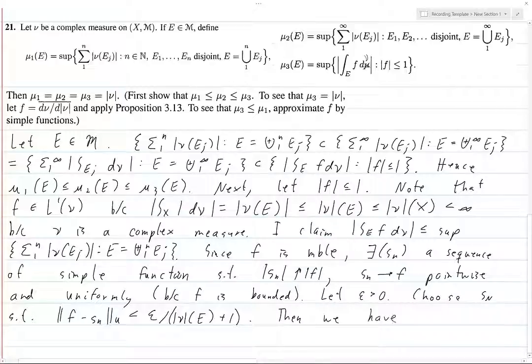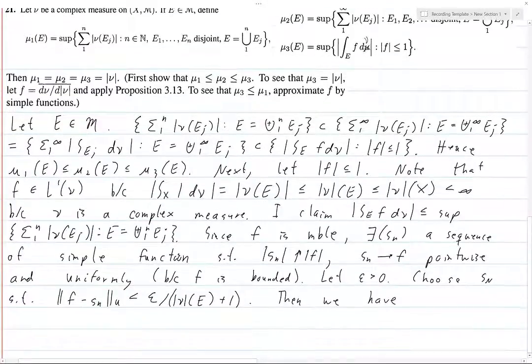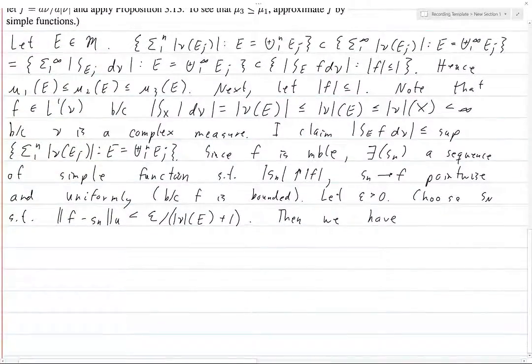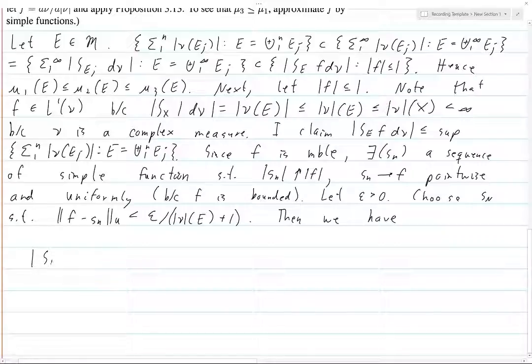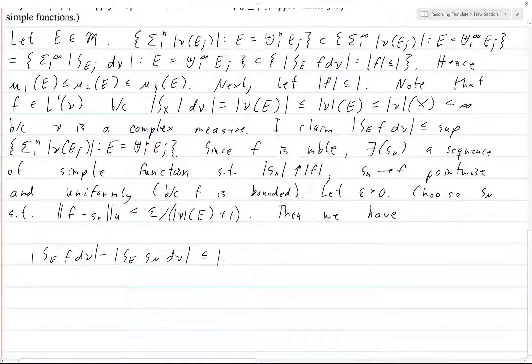Then we have the integral over E of f d nu minus the integral over E of S_n d nu. This is going to be less than or equal to the absolute value of the integral over E of f d nu minus the integral over E of S_n d nu, just combining everything.